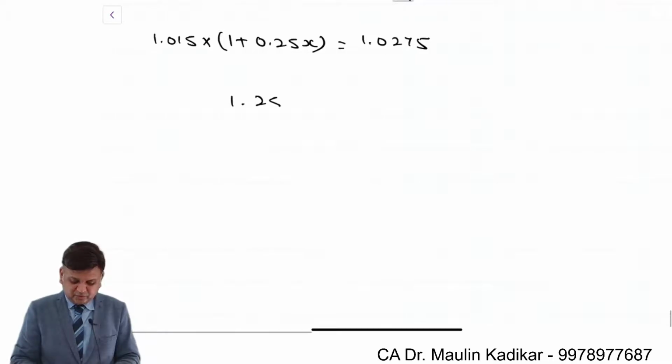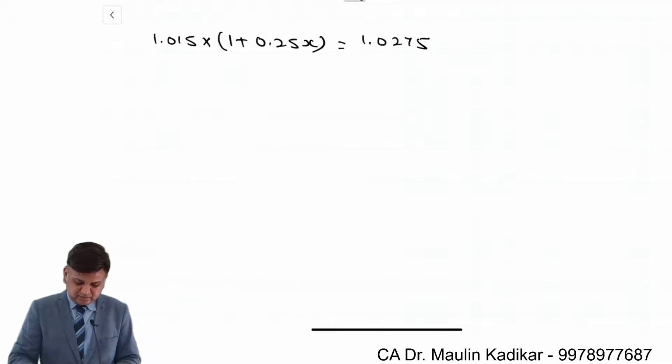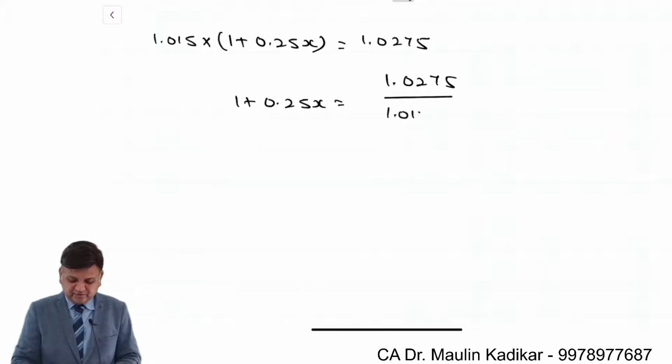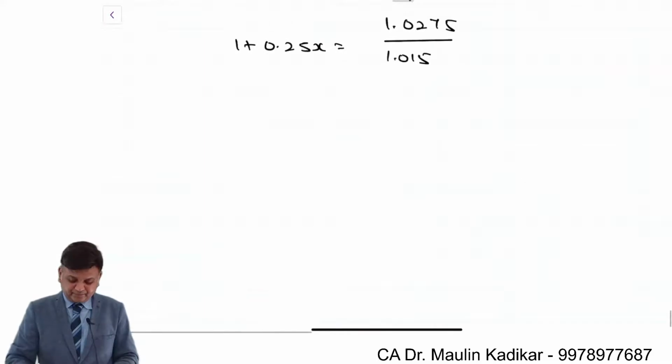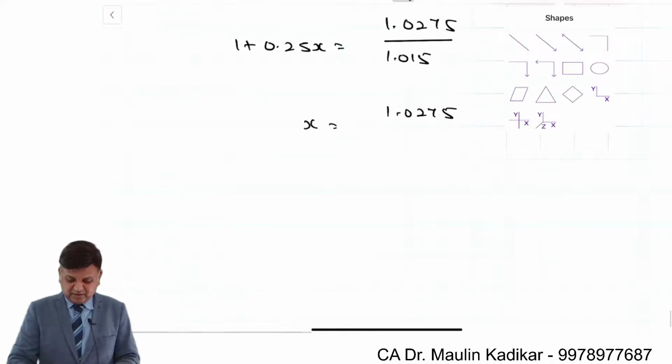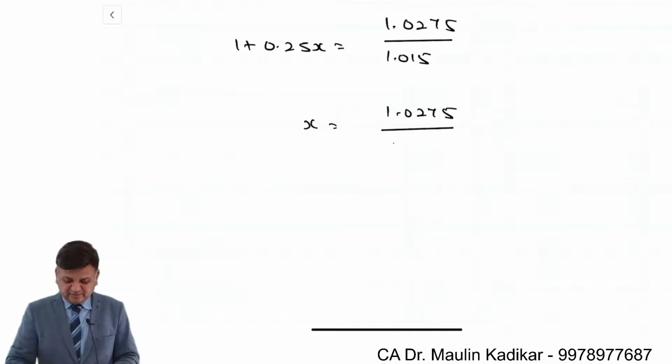So 1 plus 0.25x is equal to 1.0275 upon 1.015. So now x is equal to 1.0275 upon 1.015.